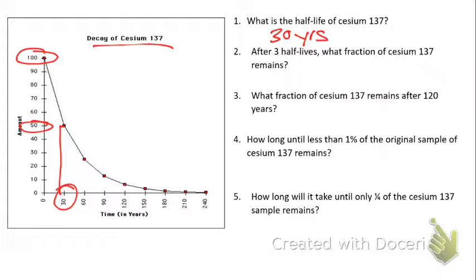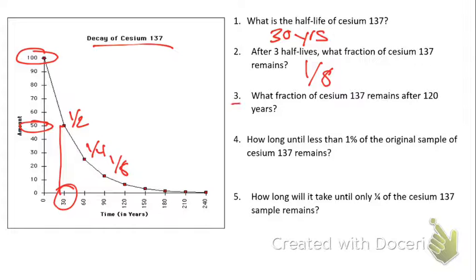The next question says, after 3 half-lives, what fraction of cesium-137 remains? So this is the first half-life. We should have 1/2 remains. The second half-life, you're going to have 1/4 remains. The third half-life, you should have 1/8 remains. So the fraction should be 1/8 of the original concentration.